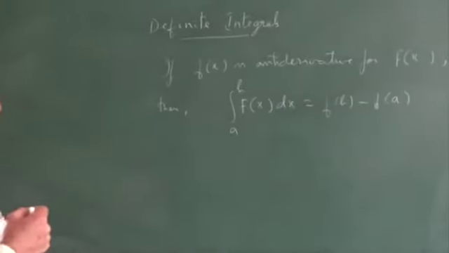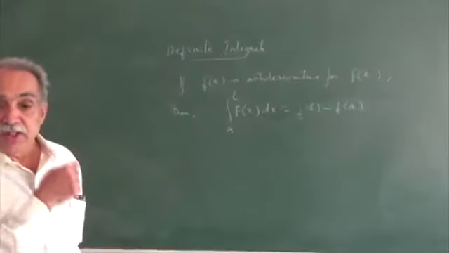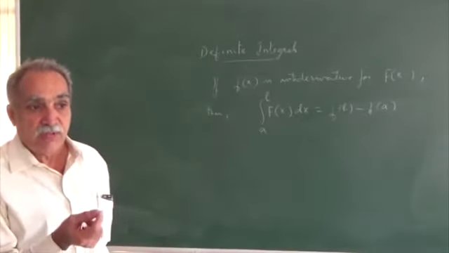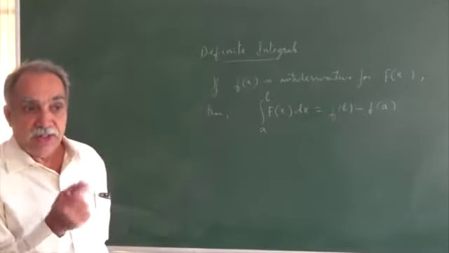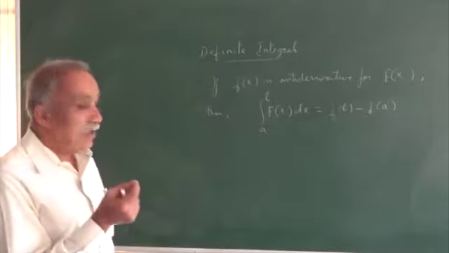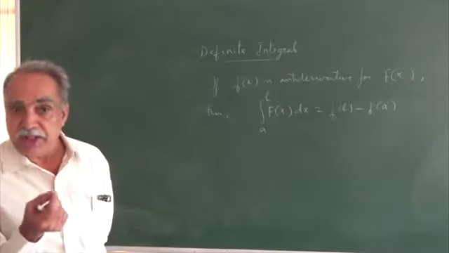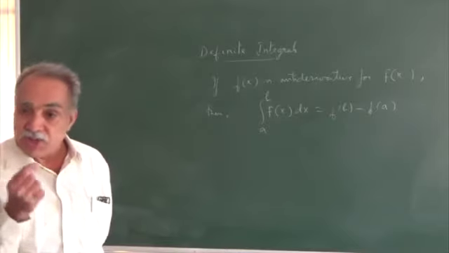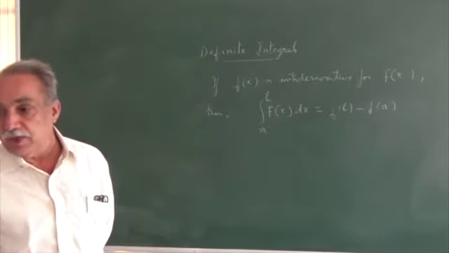A definite integral from limit a to limit b of a function f of x is simply the difference: the value of a chosen antiderivative at upper limit minus value of the same antiderivative at lower limit.